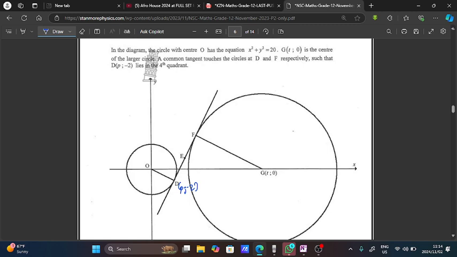So we substitute into x squared plus y squared equals to 20: p squared plus negative 2 squared equals to 20. Now p squared equals 20 minus 4, so that is 16. The square root of 16 is plus or minus 4. So therefore p equals to 4.